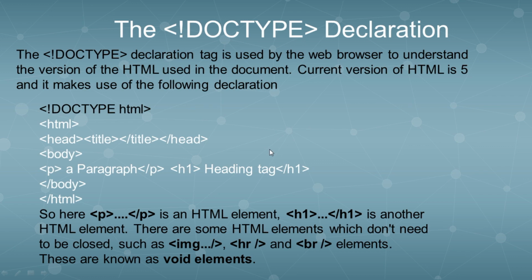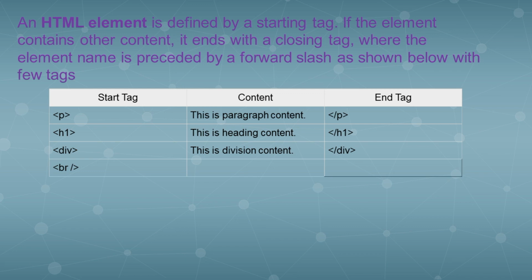Now we are going to discuss the tag definition. An HTML tag element is defined by a starting tag, and if the element contains other content, it ends with a closing tag, where the element name is preceded by a slash.